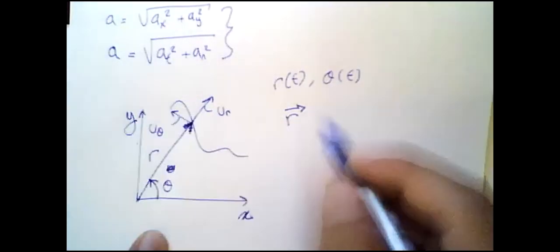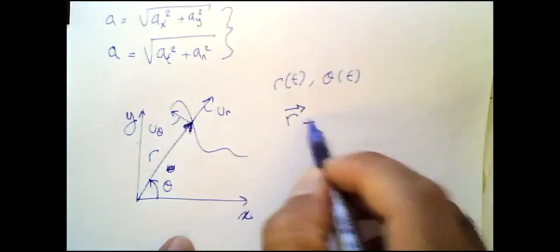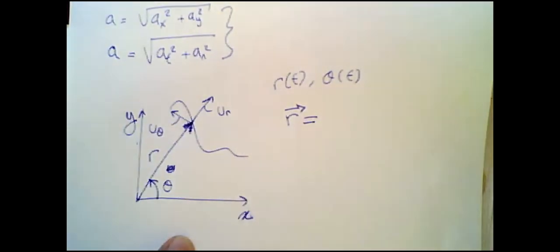How can I write R? I'm sorry? Okay, how can I write R in terms of UR and U theta, and R and theta?